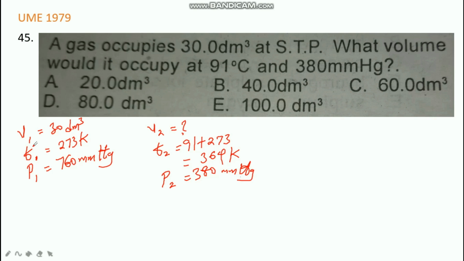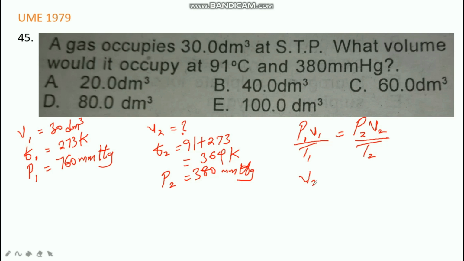Okay, so we're now going to go about this with the general gas law, which is P sub 1 V sub 1 over T sub 1 equal to P sub 2 V sub 2 over T sub 2. And we're looking for V sub 2, so we'll make V sub 2 the subject of the formula.